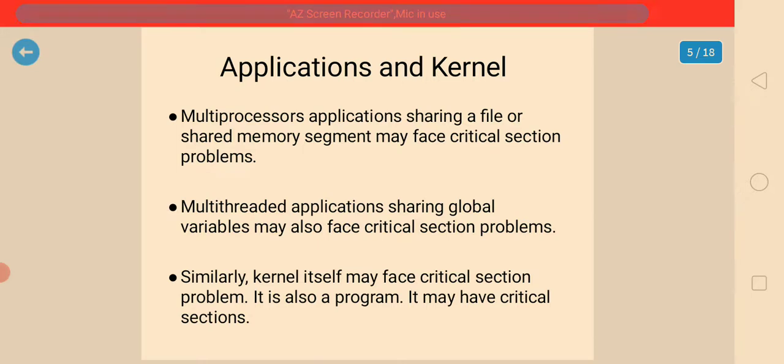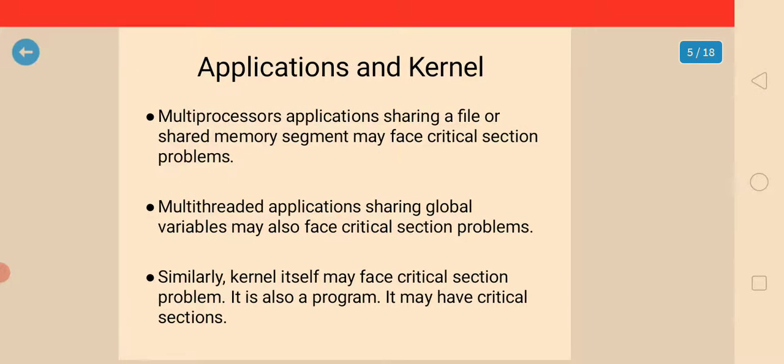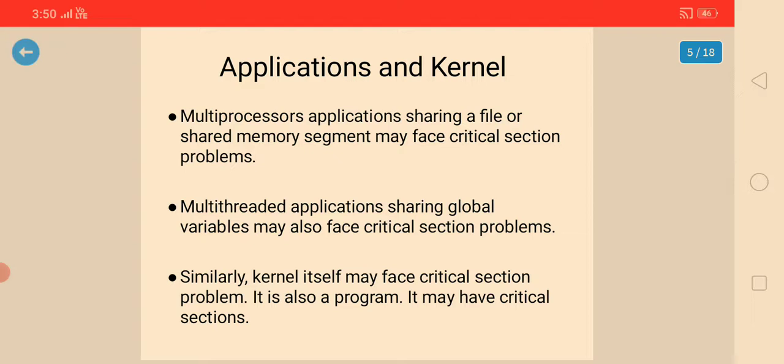A multi-process application sharing a file, where users create or share a memory segment, may face the critical section problem while accessing the file. When we share file segments, the critical section problem may occur.